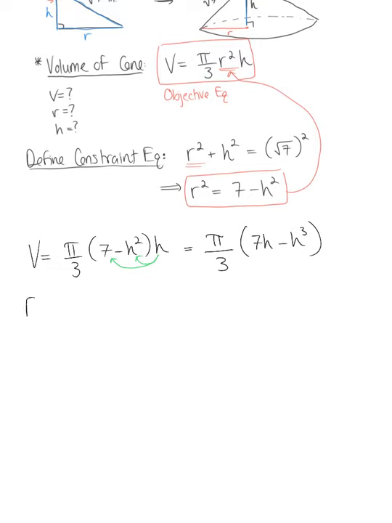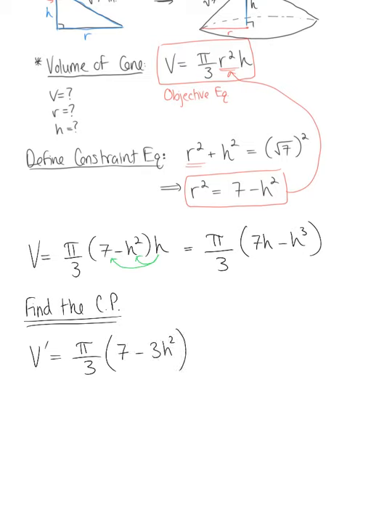Now we're ready to find the critical points: differentiate, set the derivative equal to 0, and solve for h. The derivative of volume is pi divided by 3 multiplied by 7 minus 3h squared. Set this equal to 0, and multiply both sides by 3 over pi, the reciprocal of our constant.